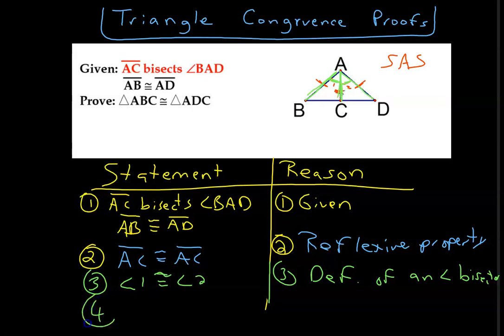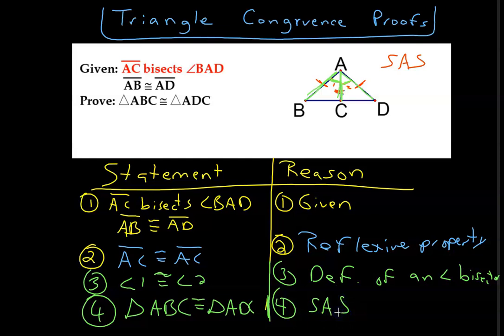So my final step is to say triangle ABC is congruent to triangle ADC, and the reason why we can justify that is due to side, angle, side.